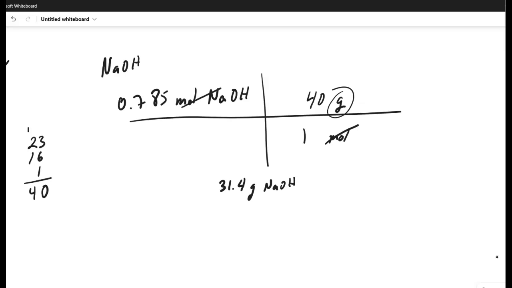Okay, and that makes sense. 40 grams per mole, and I have a little bit less than 1 mole. The way I did this in my head, I say 0.785 is almost 0.8, and 0.8 times 40 is 32, so it's roughly about 32 grams. But use a calculator, obviously. If you can't estimate in your head, that's fine. I get it.